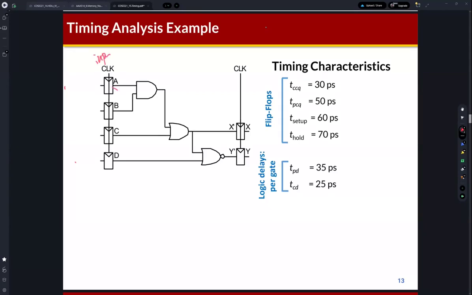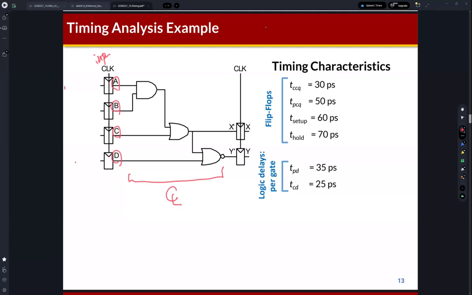These D flip-flops A, B, C, D generate the input of this combinational logic, right? So this is the combinational logic, and then these D flip-flops X and Y receive the output from the combinational logic.